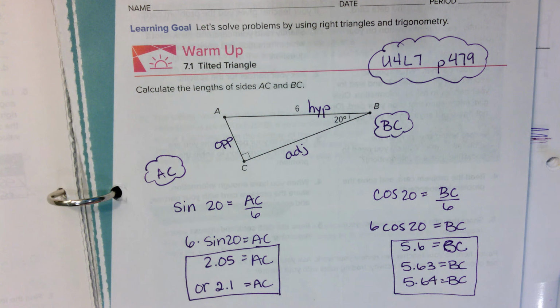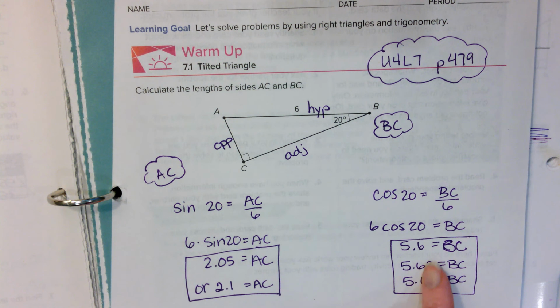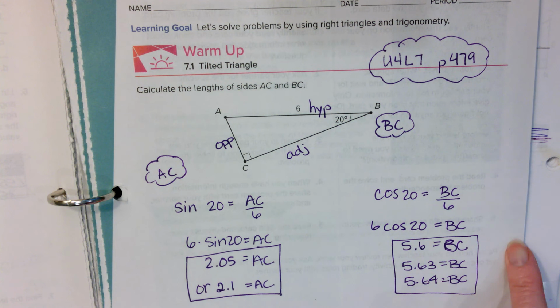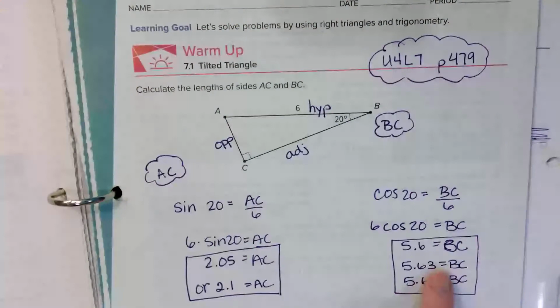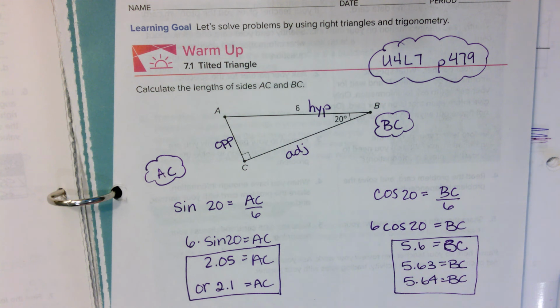They're both perfect answers for AC. And secondly, if you wrote down the 5.6, you took the 5.63 off your calculator and just truncated the rest of the decimals. Or you could round, because I believe it's 5.638, and so you could round that 3 to a 4 as well. All of those answers are perfect.